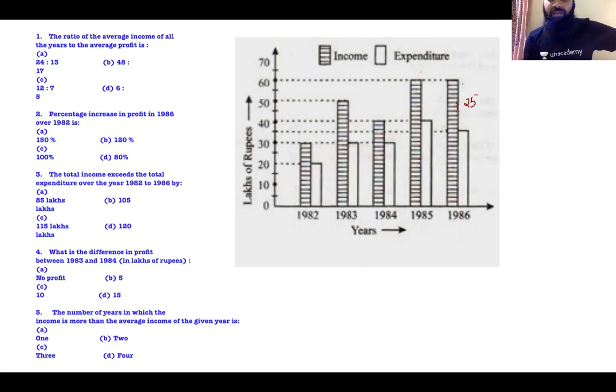$60 is the value here. $60 is the income. Expenditure is 35.